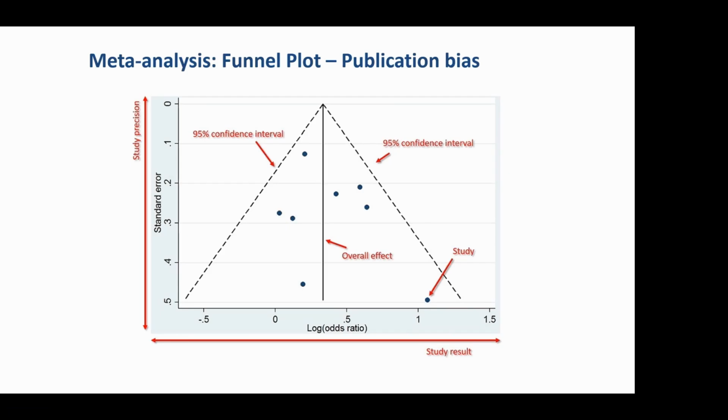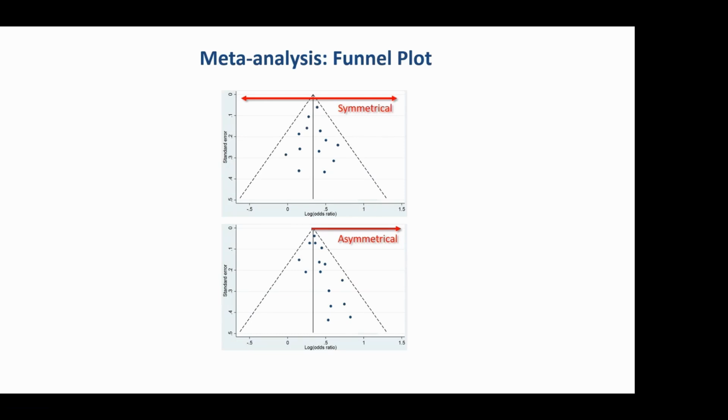Normally, you would like to have this funnel plot so that, ideally, if the overall effect is the one in the middle, you have the studies more or less symmetrically distributed, in vertical symmetry, around this overall effect. If you only have studies here or only studies here, it means that there is publication bias. This is an example: symmetrical or asymmetrical.